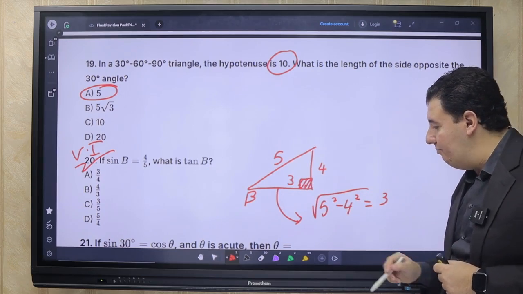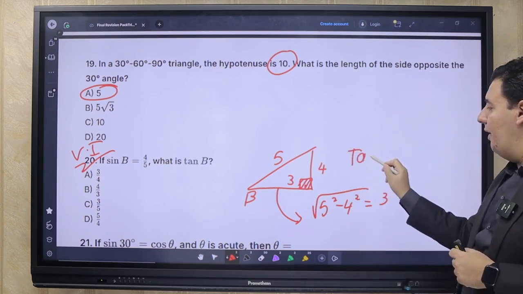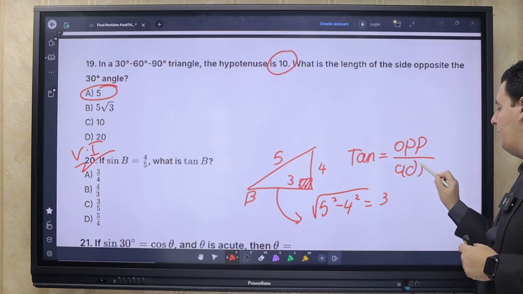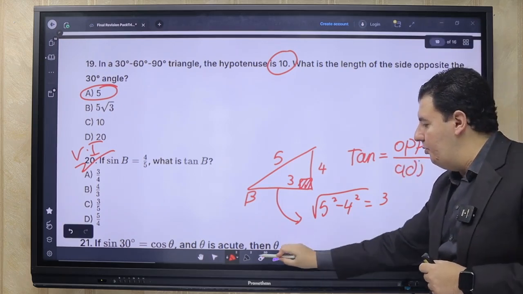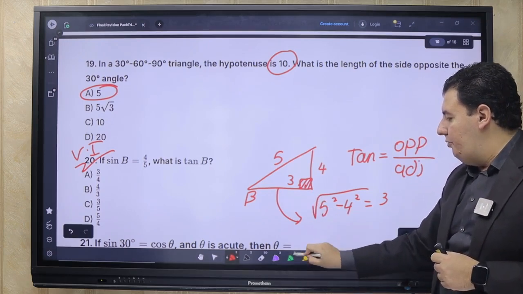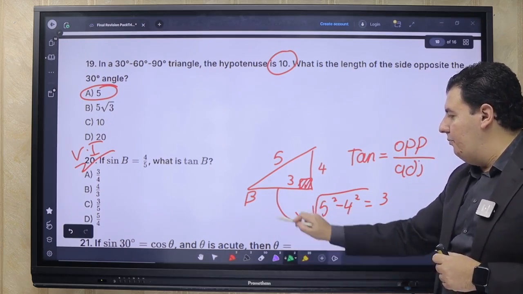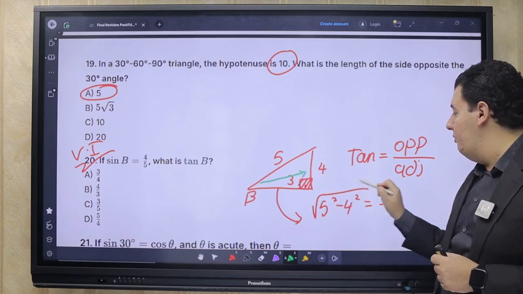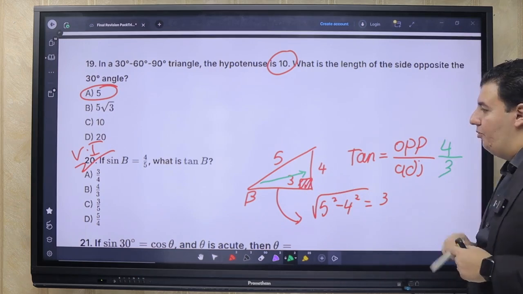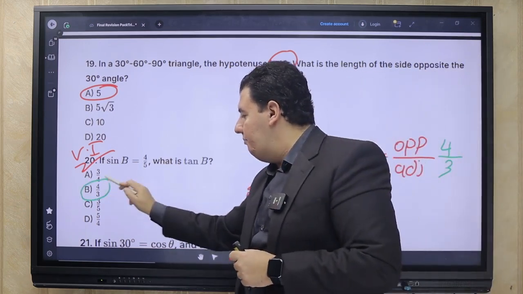I want to find tan B. What is the rule of the tan? Tan equals opposite over adjacent. For angle B, opposite here is 4, and adjacent is 3. So it will be 4 over 3. We'll choose the letter B.